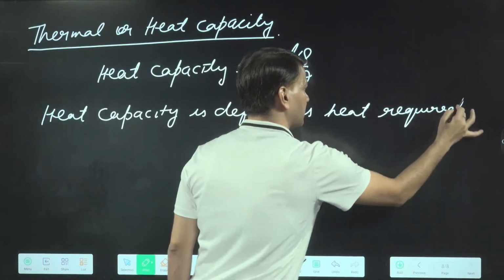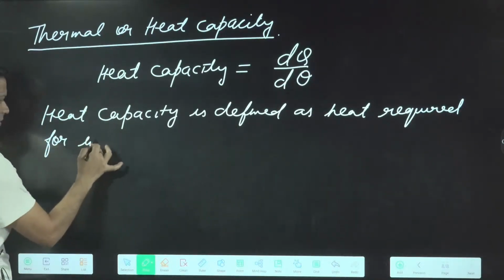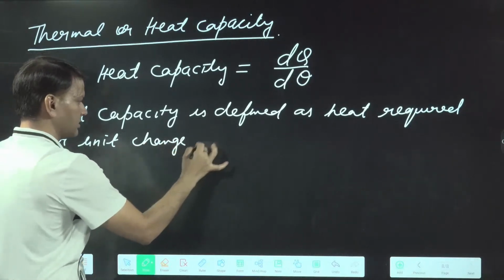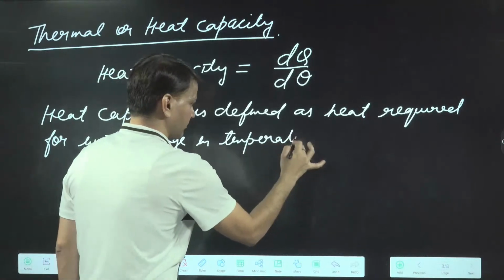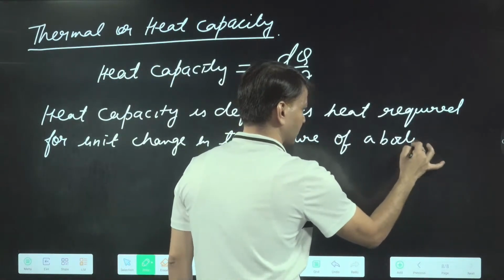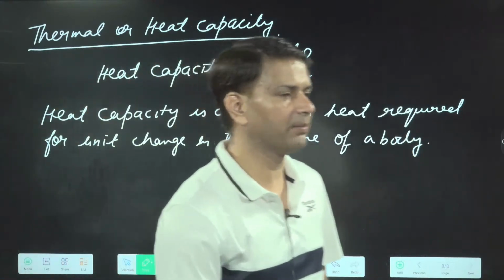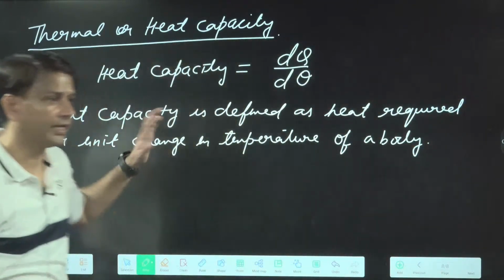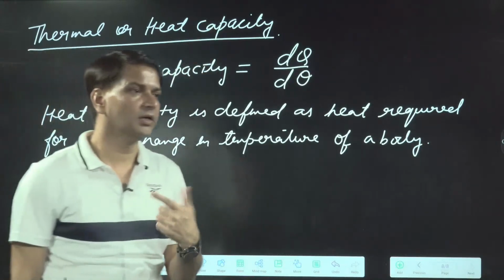Heat required for a unit change in temperature for a unit mass of a body is specific heat capacity. Heat capacity or thermal capacity is the heat required to raise the temperature by unit degree.